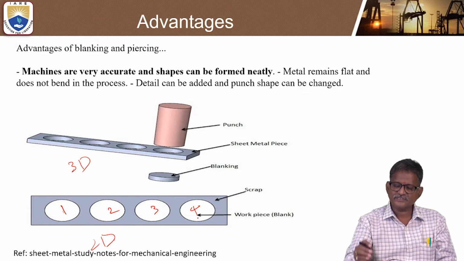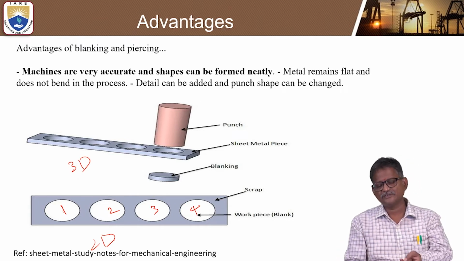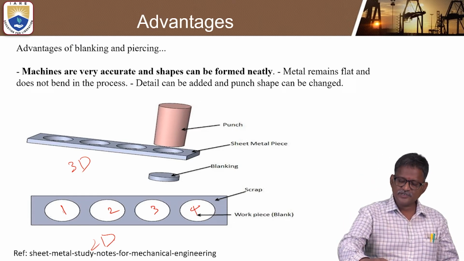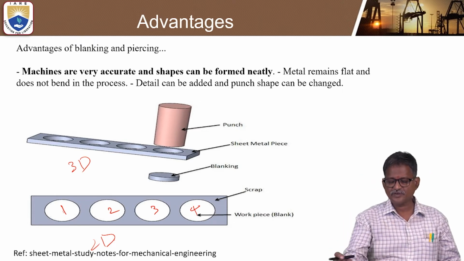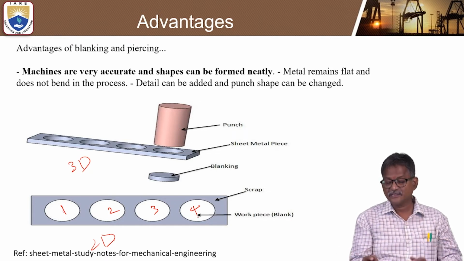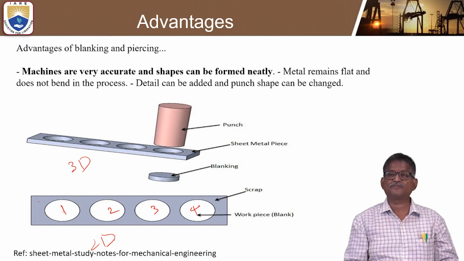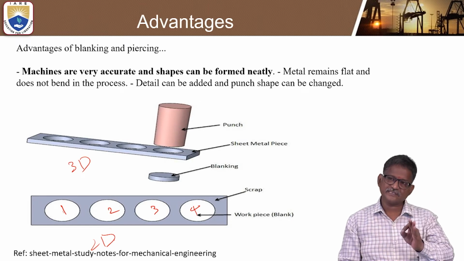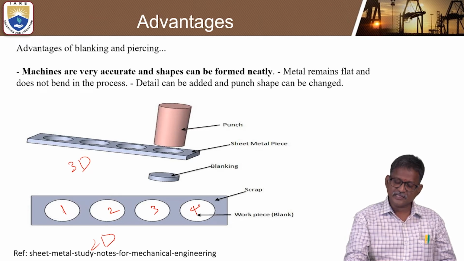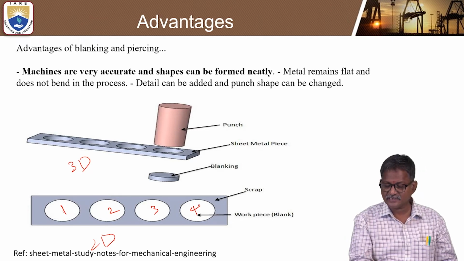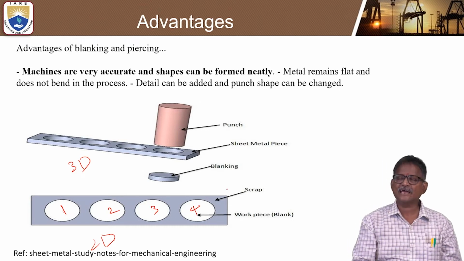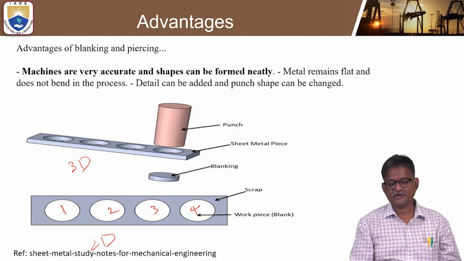First, in the blanking operation, the punched out part we call a blank. That is the workpiece, and the remaining thing is all scrap. If it is piercing or punching, the hollow portion made is not the workpiece; the hollow portion is the scrap and the remaining sheet is the workpiece. That is called the punching operation.